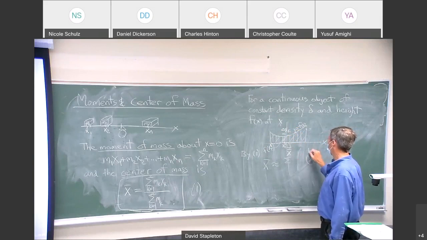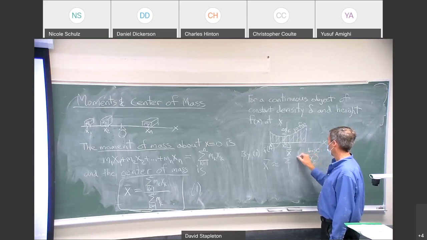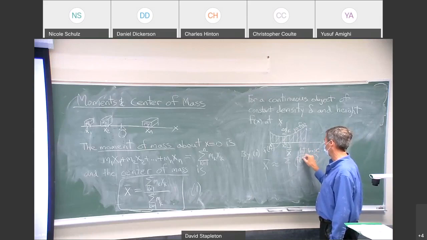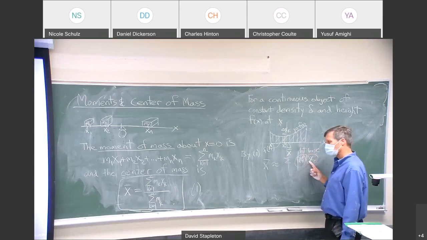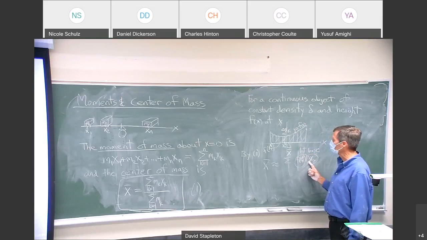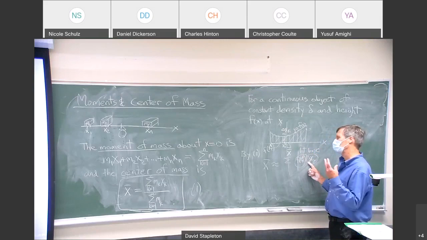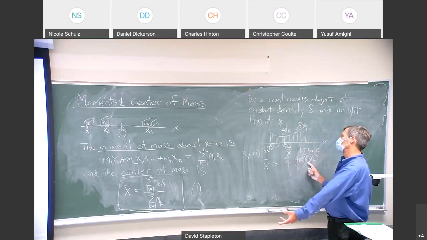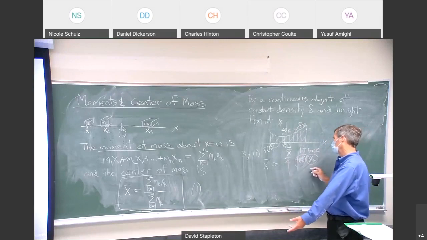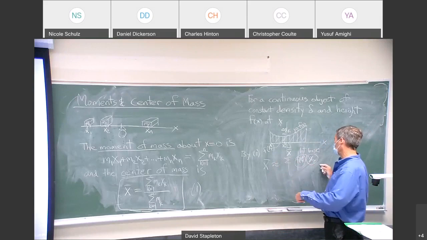So on the kth interval, you've got a base, delta xk, times the height, which is f of xk star. That's how high you make the rectangle. This is the area of the rectangle. So how do I get the mass from the area? Just multiply it by the density. If you multiply 2 kilograms per square meter times the number of square meters, you get the number of kilograms.